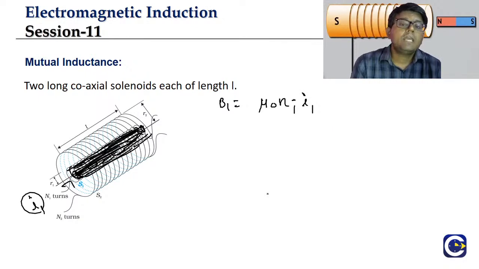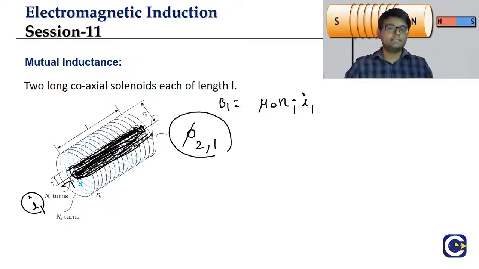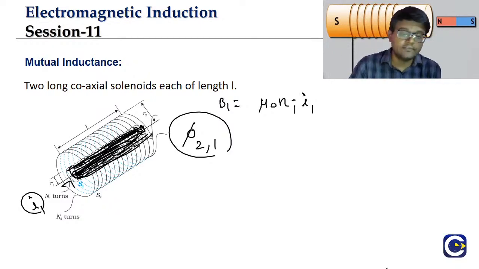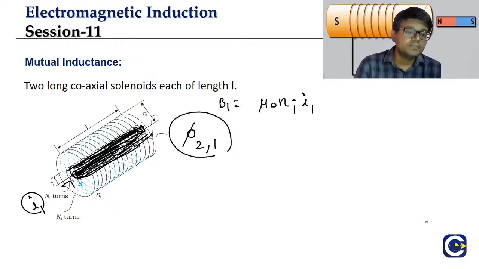Now we have to find the flux through coil 2 because of this coil 1 current that is established. Look at coil 2 now. Coil 2 has a bigger surface area: the coil 2 area is pi R2 square.